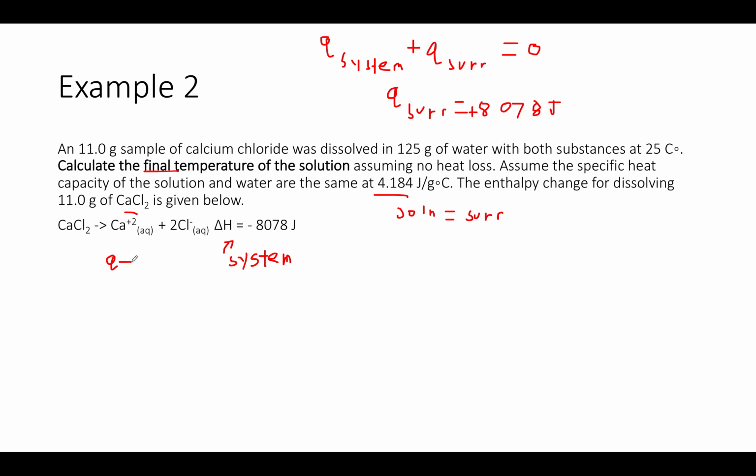We know Q is equal to the mass times the specific heat times delta T. If we manipulate that algebraically, delta T equals Q divided by mass times specific heat, and that equals delta T. So what is Q? Q is that positive 8,078 joules.